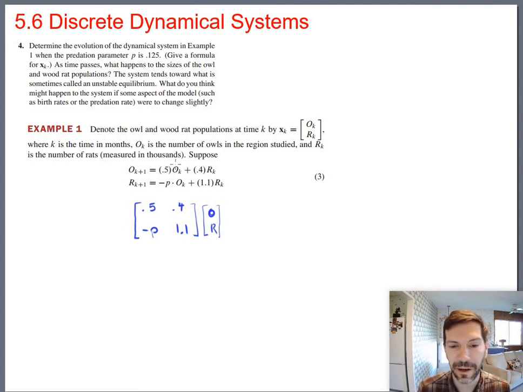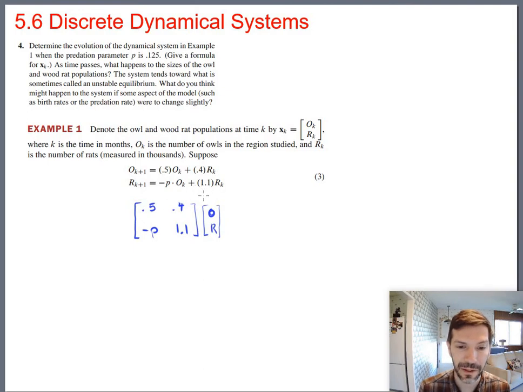If you care about the setup here, this is saying owls, the next round of owls, half the owls that we currently have would sort of reproduce on their own. And then, depending on how many rats there are, that also contributes to the growth of the owl population. So the more rats, that contributes like 40% to the growth of the owls.